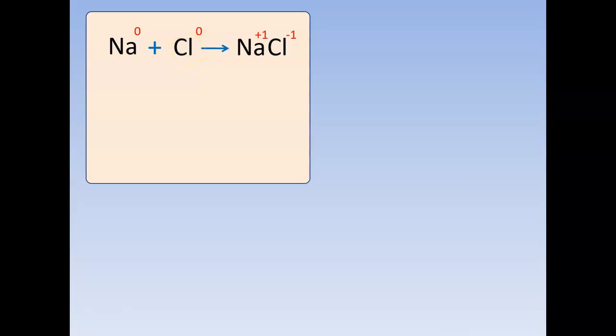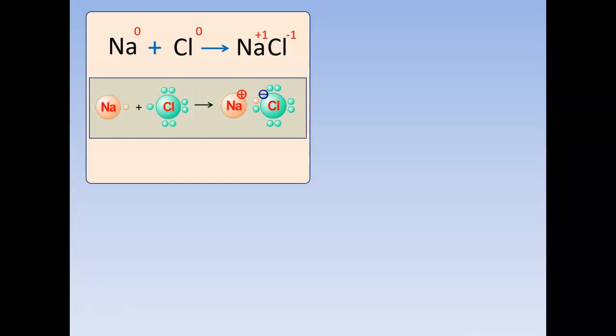After they become ions with opposite charges, now they attract each other, and an ionic bond is formed between them.